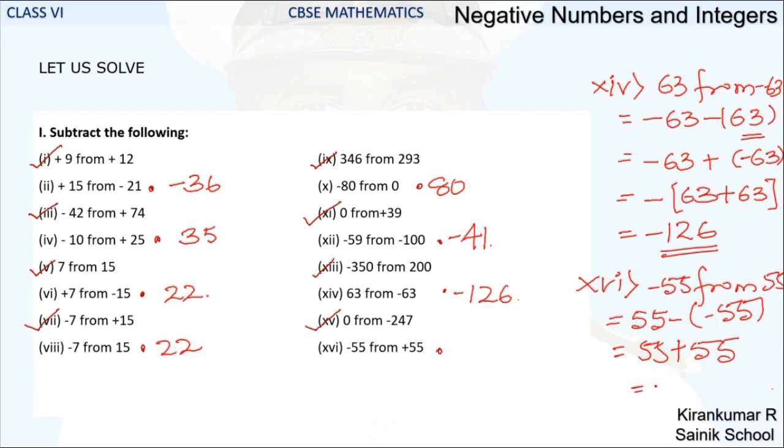I'll get the result as positive 110. Positive 110 is the answer for the 16th one. Hope you all have done it. Please cross-check it. If you have made a mistake, rectify it. It's always better to learn from your own mistakes.